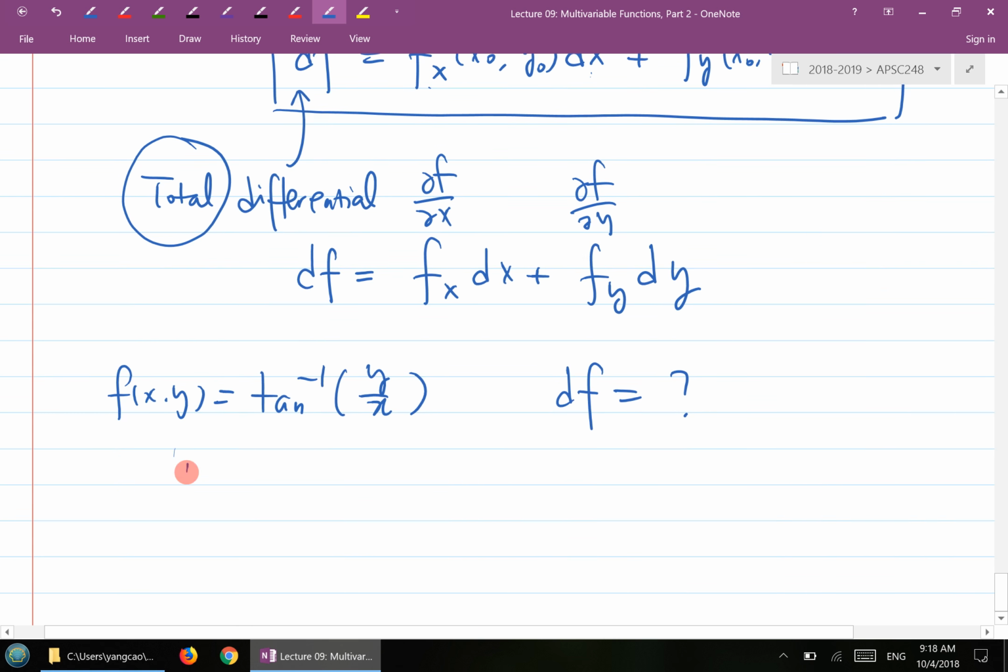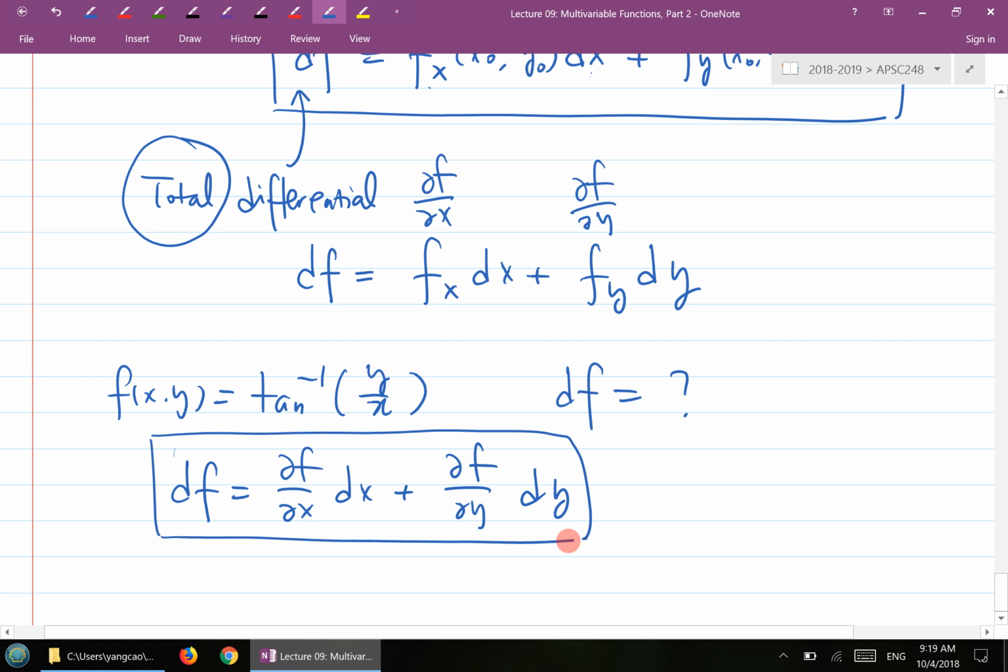Then df equals partial f over partial x dx plus partial f over partial y dy. I would like all of you to write this formula 10 times, which won't take you more than 1 minute.